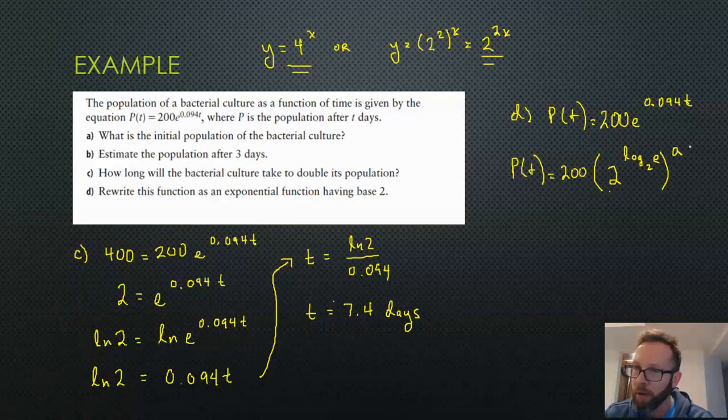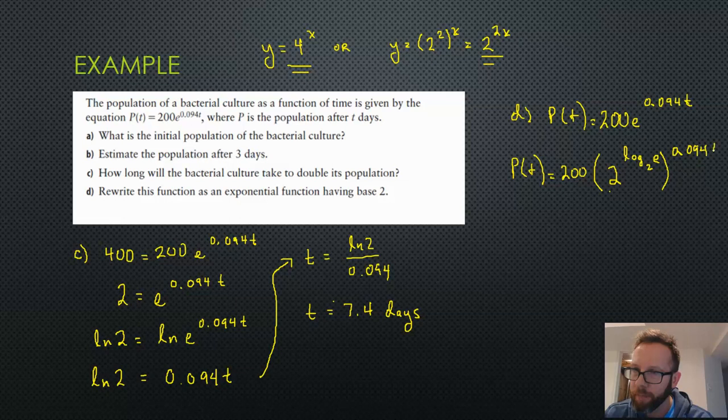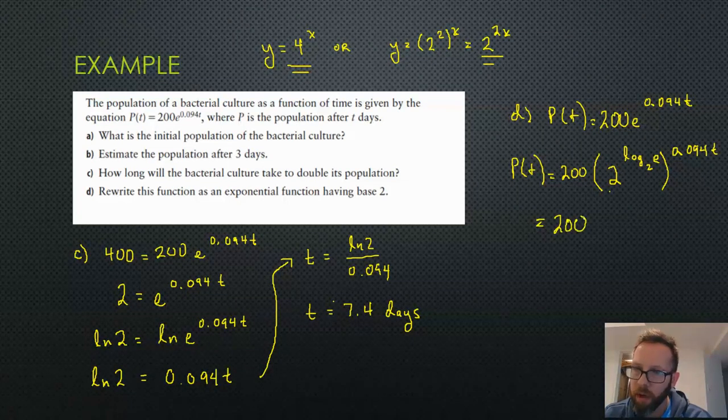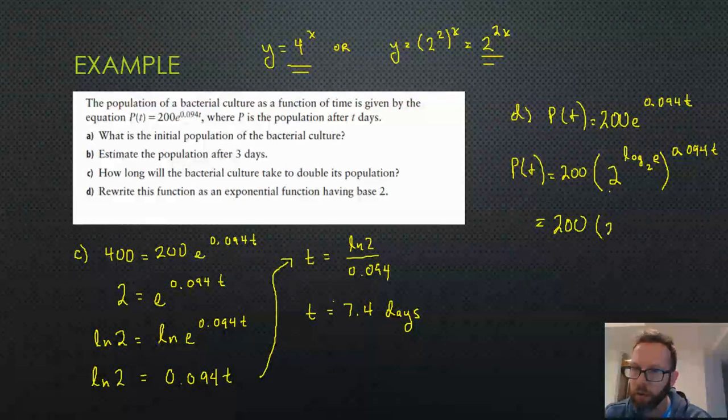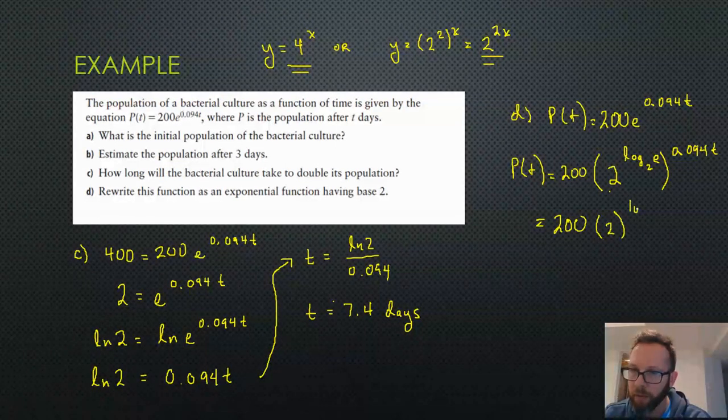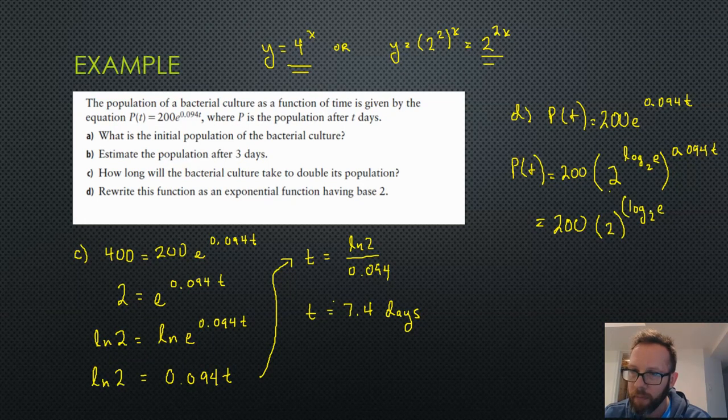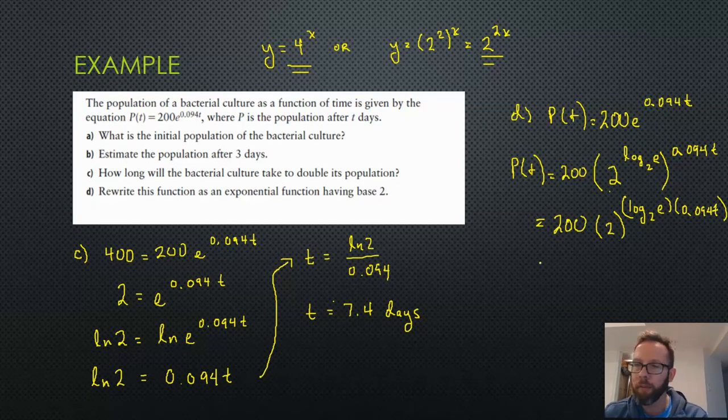And then we have 0.094t. So we get 200, and using exponent rules, we get our base of 2, and in the exponent, we have log base 2 of e times 0.094t. Well, fortunately, you guys know how to evaluate logs with different bases.